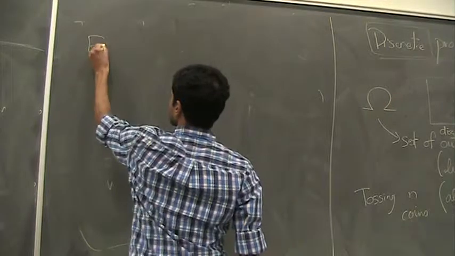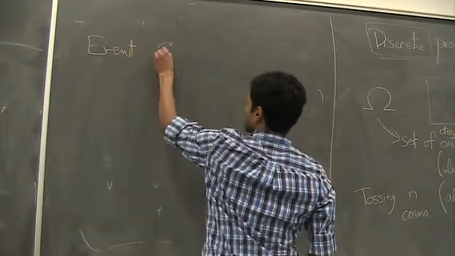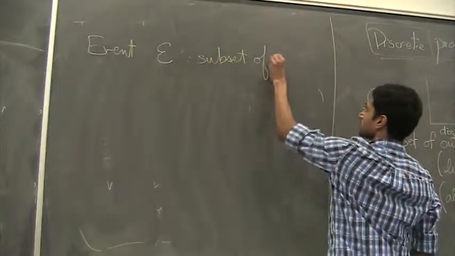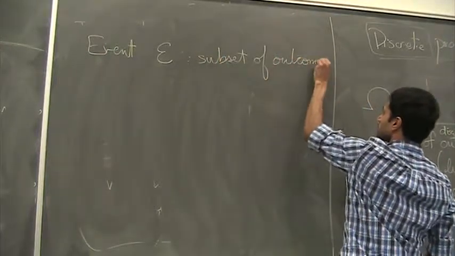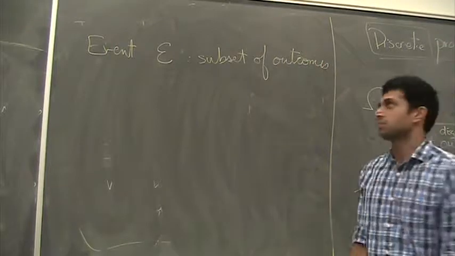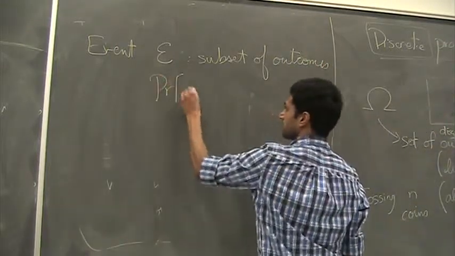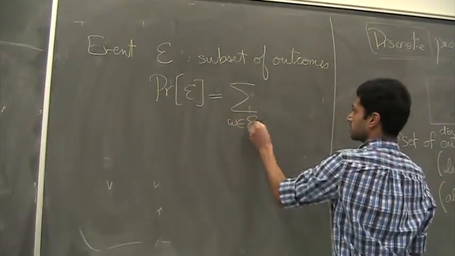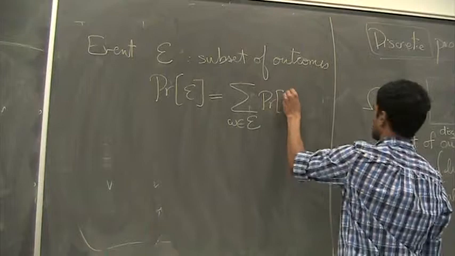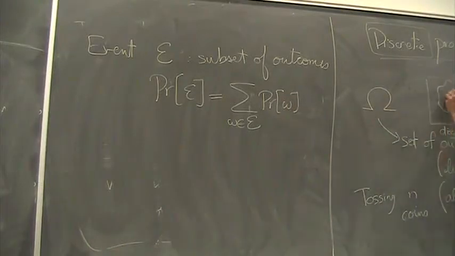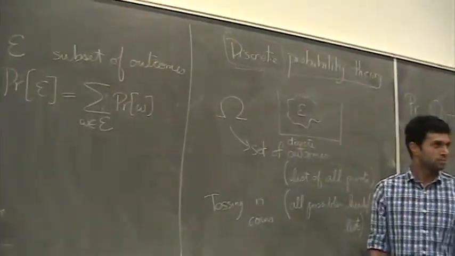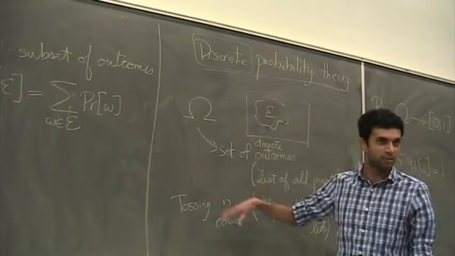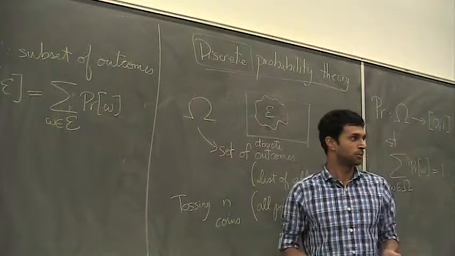An event, which you can denote as E, is a subset of outcomes. And the probability of the event is simply the sum of probabilities of everything in the event. That's an event. So the nice thing about writing this way is that it demystifies lots of things about probability.